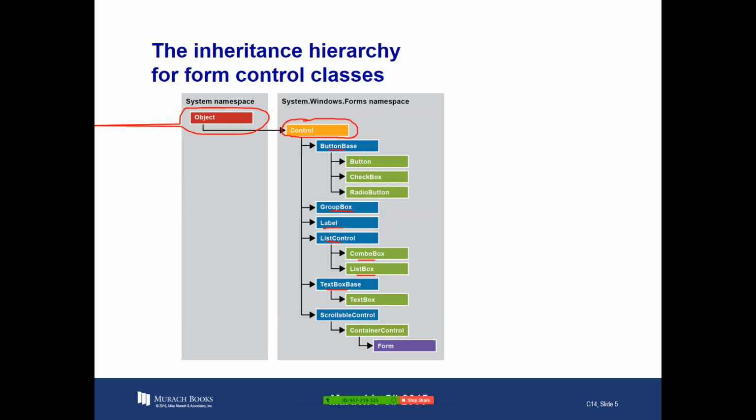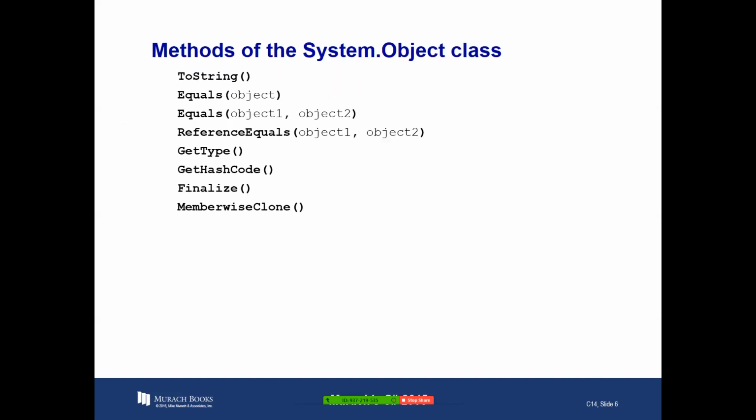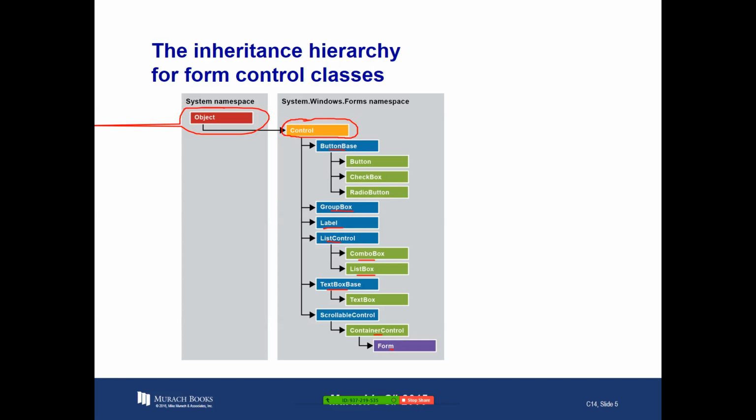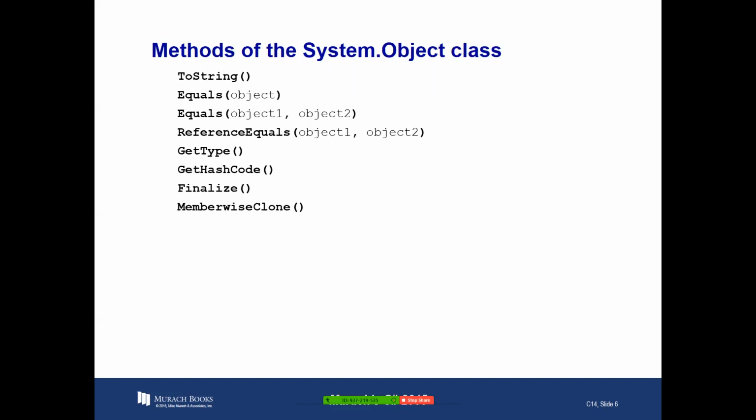There's scrollable controls, from which a container control class, and then a form is based off of that. So these are some methods that are provided by the basic system object class, this basic system thing here.